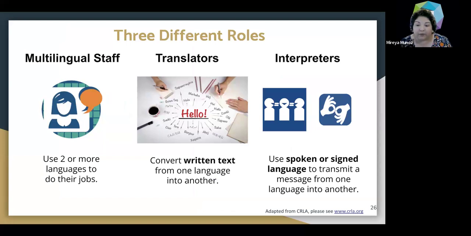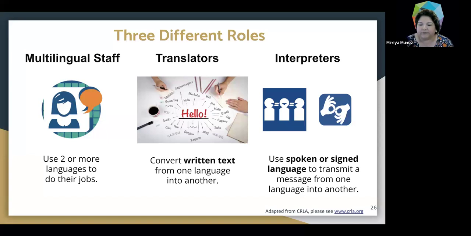This task is put on them to help our communities communicate with the world around them. Translators, as I mentioned, convert the written text from one language into another, and interpreters convey the spoken or sign language message from one language into another as well.